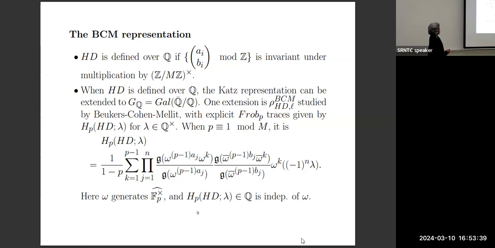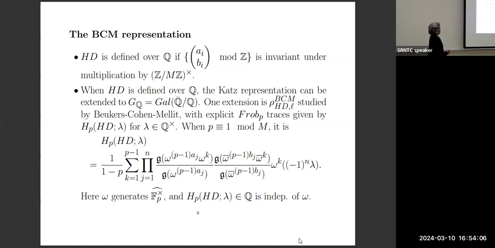Then you can see here, in the first notation, you see AJ plus K, so you can think of this like gamma of AJ plus K divided by gamma of AJ. The B's should go in the denominator, and we use the Gauss sum property to express that in terms of the inverse of omega, so we put it down in a similar way.